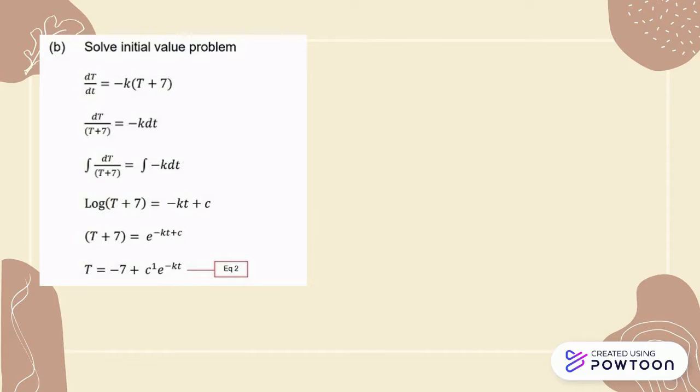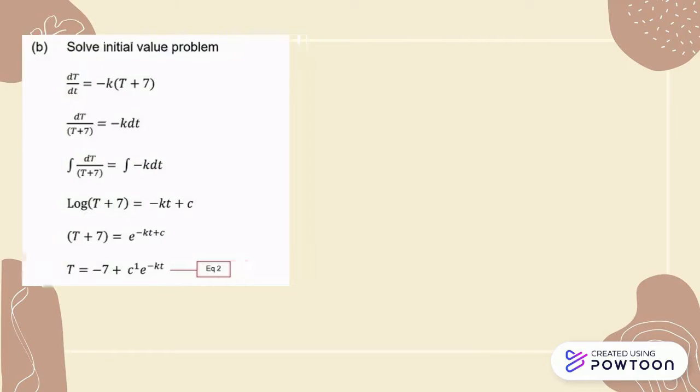Then we take log of (T + 7) equal to -kt + C, and we solve the problem and got T = -7 + Ce^(-kt). This is equation 2.